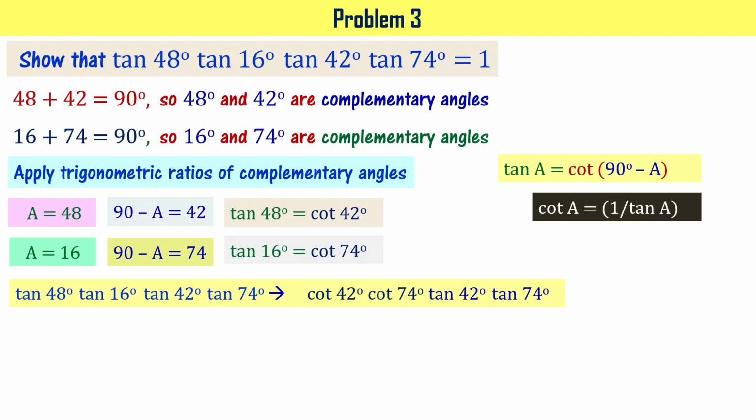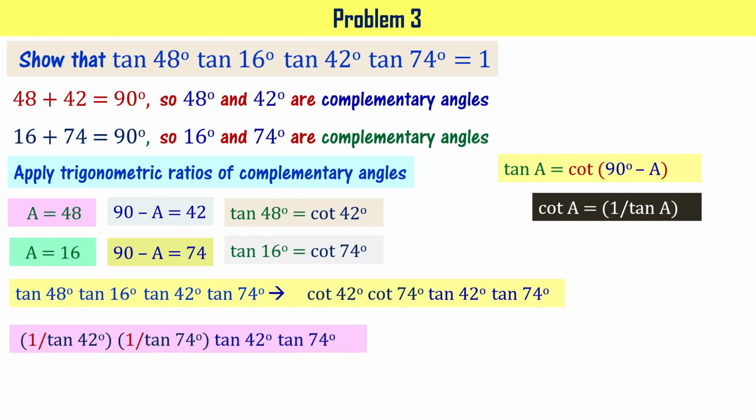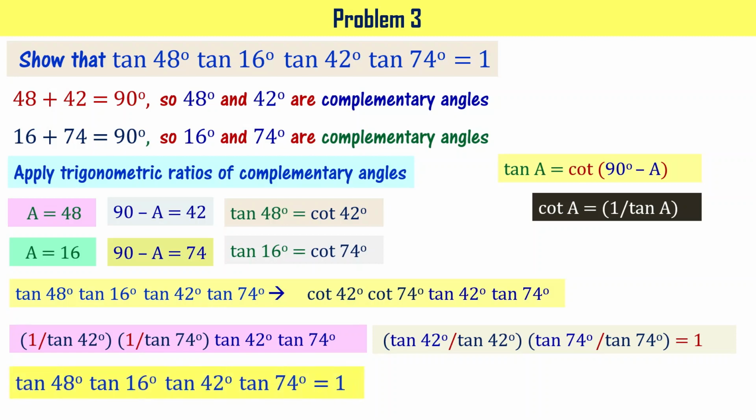We know that cot A can be written as 1 by tan A. It means cot 42 can be written as 1 by tan 42 and cot 74 can be written as 1 by tan 74, right? You write them and simplify such that you get answer as 1. It means that the given problem tan 48 degrees times tan 16 degrees times tan 42 degrees times tan 74 degrees is 1. Please take a note of this. This is what we are asked to show, right?